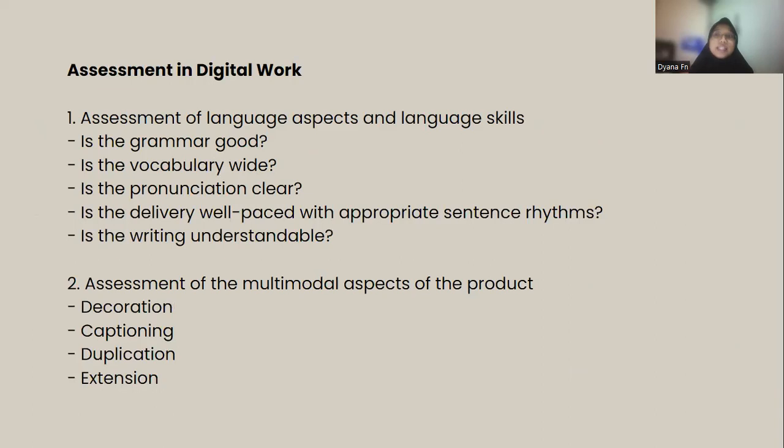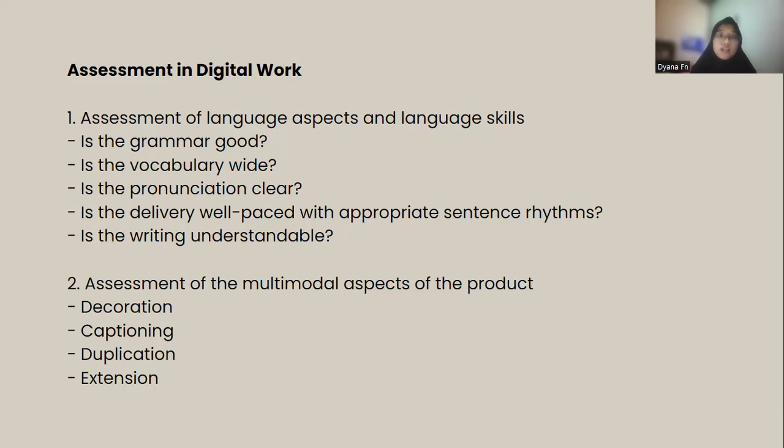The next discussion is about assessment in the digital world. The first is assessment of language aspects and language skills. Is the grammar good? The second one, is the vocabulary wide? The third one, is the pronunciation clear?